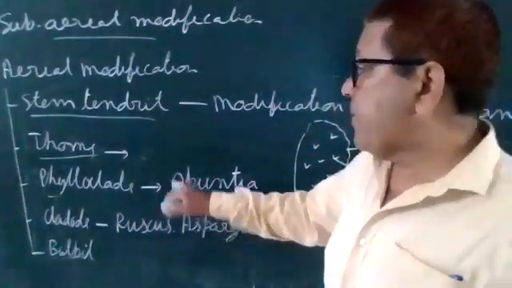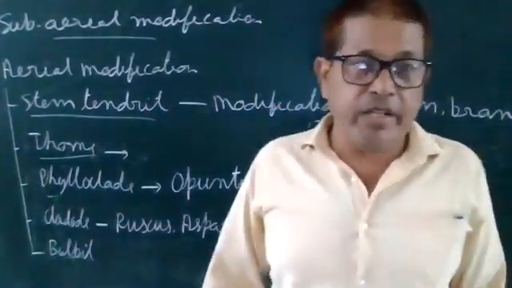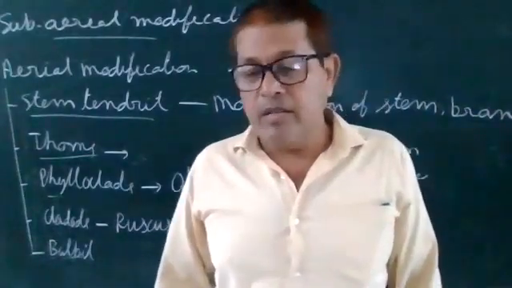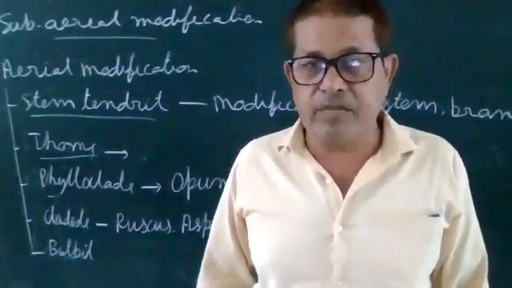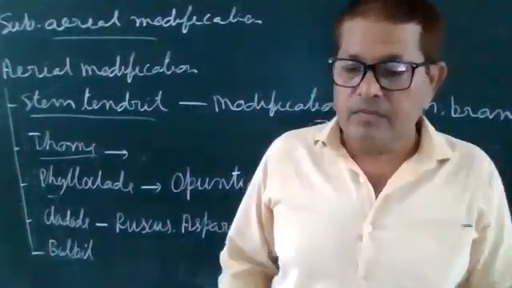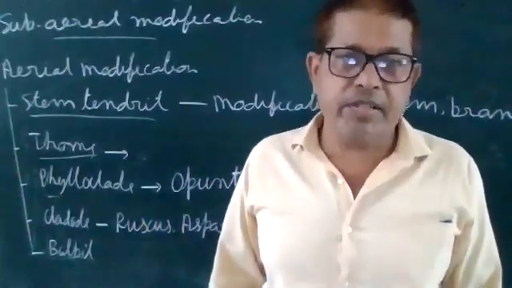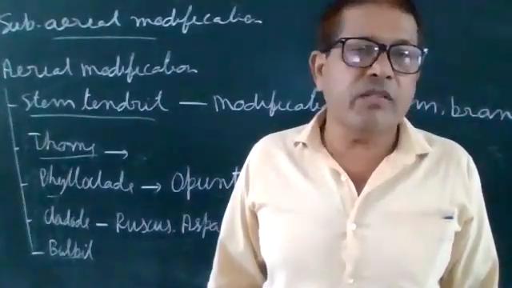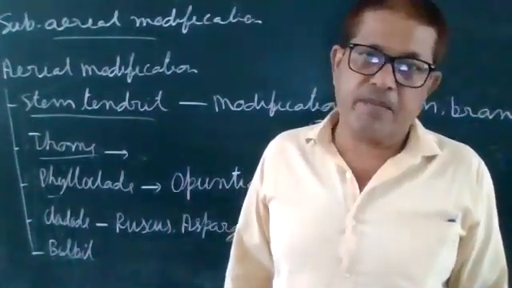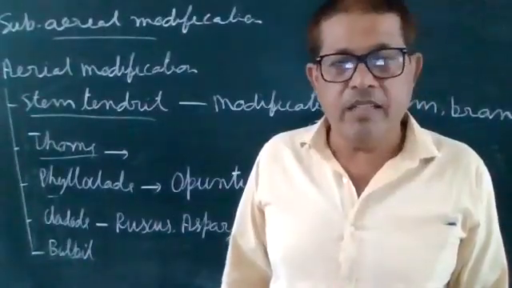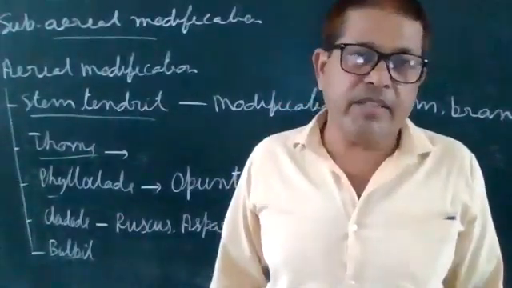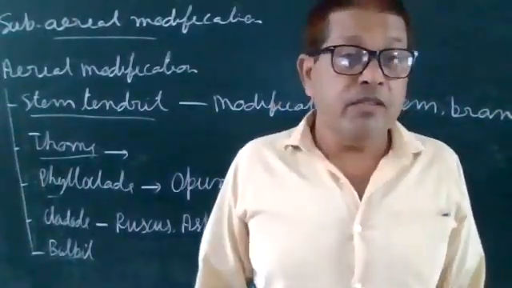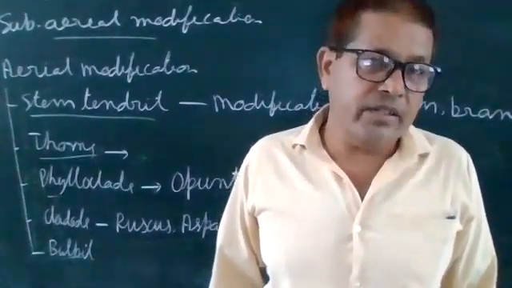So what is the difference between phylloclade and cladode? Phylloclade is a modified stem, and the stem becomes flat and green to perform the function of photosynthesis, while cladode is a phylloclade with one or two internodes.